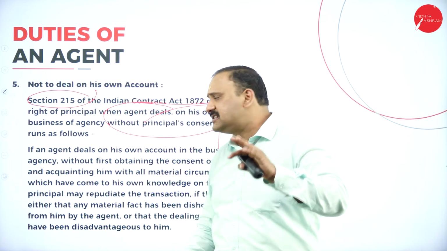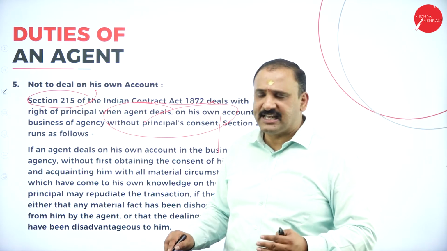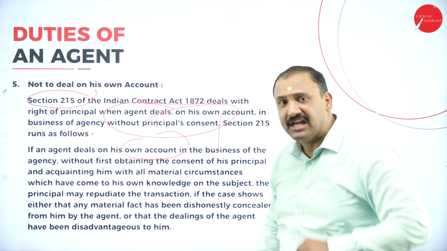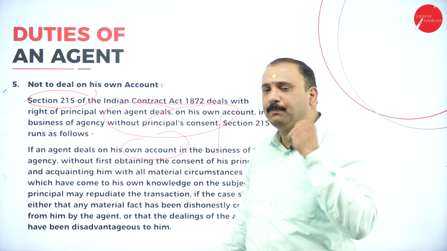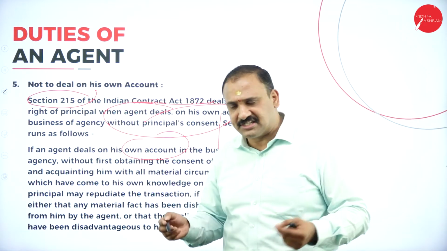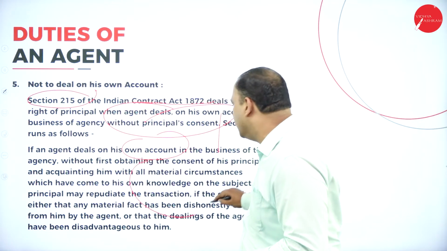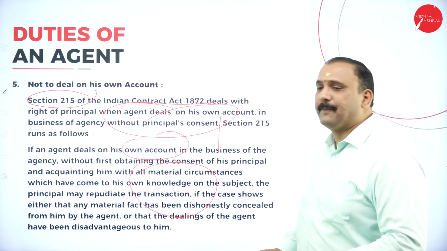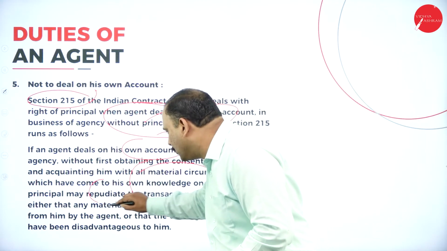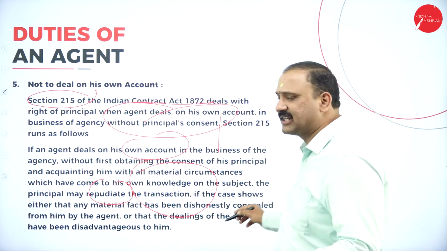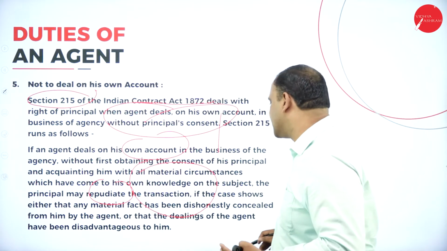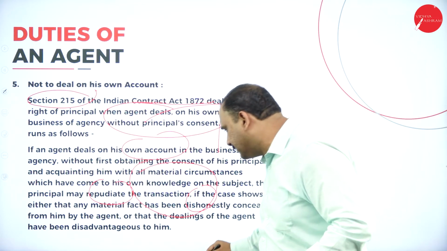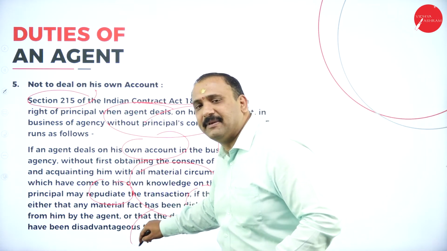Section 215 says that if an agent deals on his own account in the business of agency without the principal's consent, and without acquainting him with all material circumstances which have come to his knowledge on the subject, the principal may repudiate, that is, cancel the transaction, if the case shows any material fact of dishonesty concealed by him, or that the dealings have been disadvantageous.